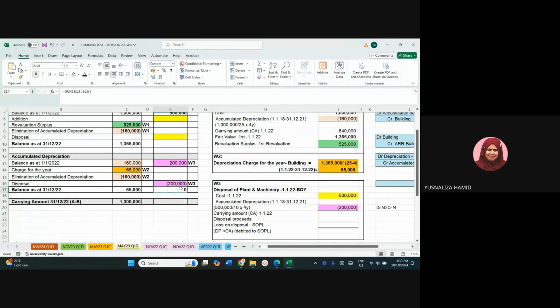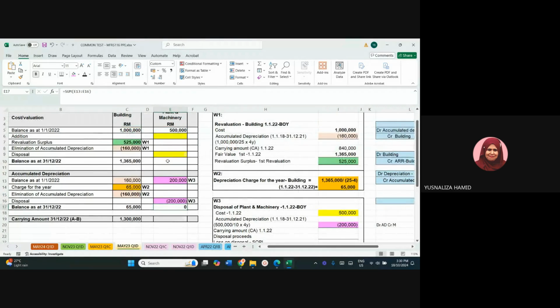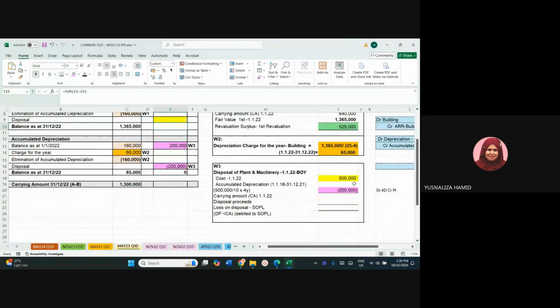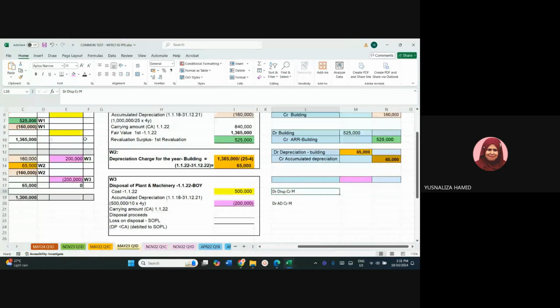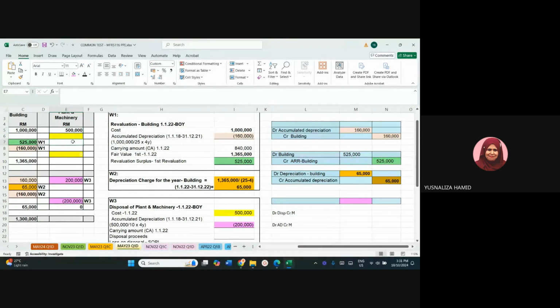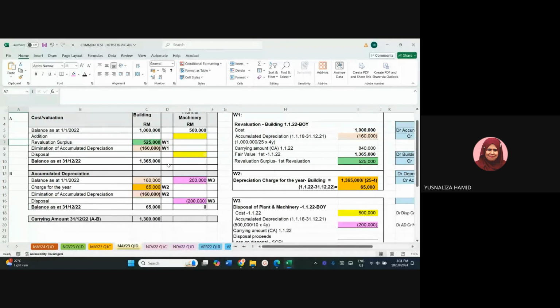So the balance will be 0. Here also you can see when you derecognize, just now you derecognize how much? 500,000. So this one also must be eliminated. So debit disposal, credit machinery. How much? 500,000. So when you credit machinery, the machinery balance that you have here must also be removed. So you have here disposal.